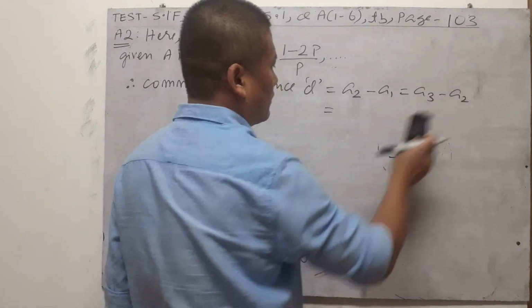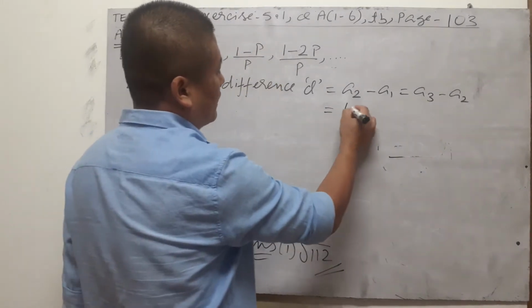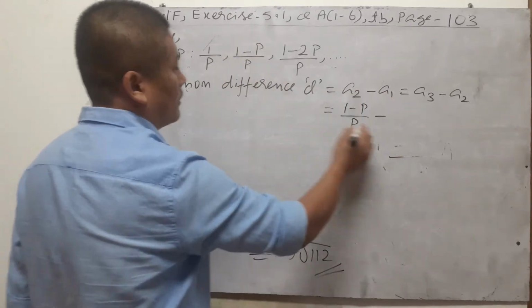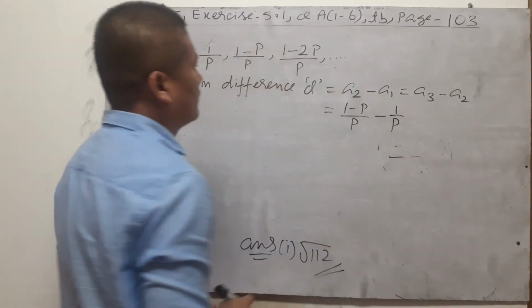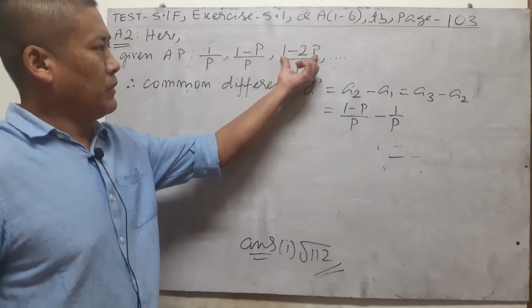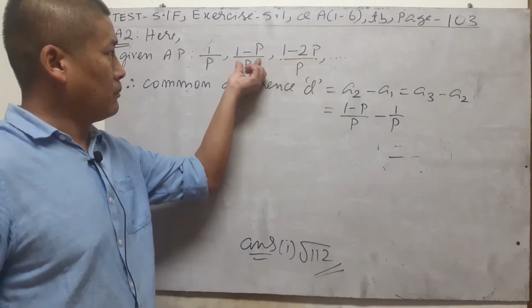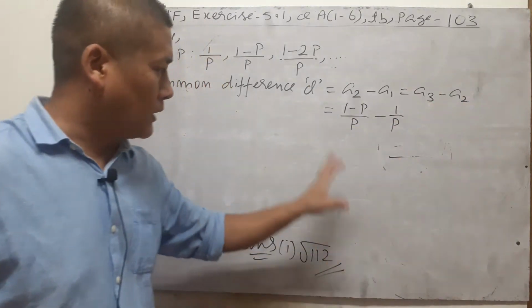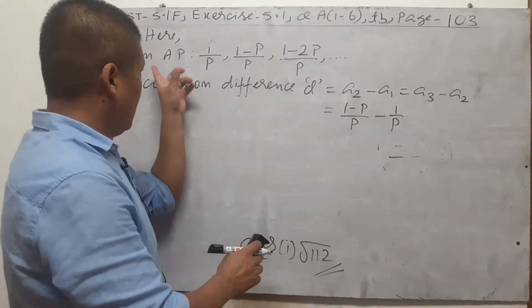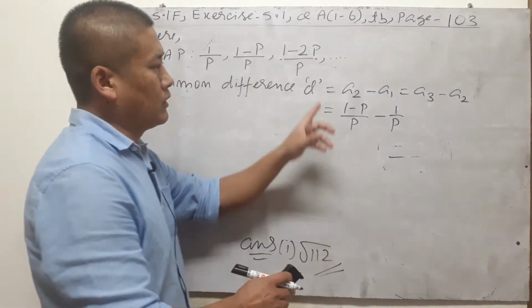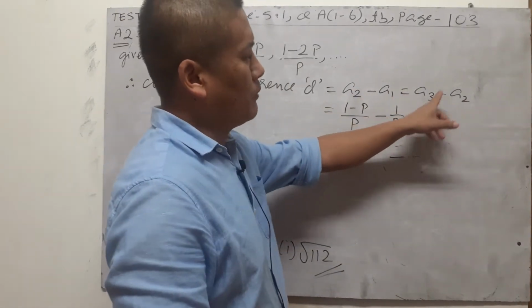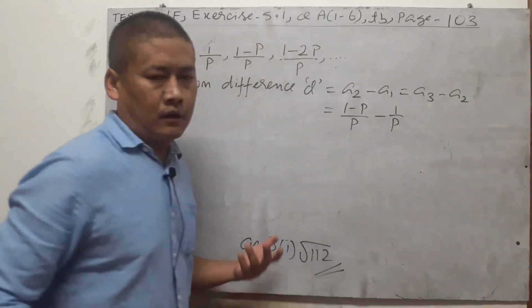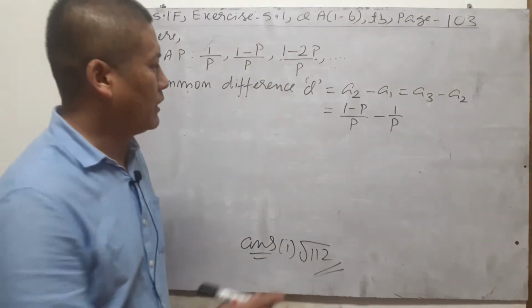A2 is (1 minus P) by P minus A1, which is 1 by P. Or you can take A3 minus A2, which is (1 minus 2P) by P minus (1 minus P) by P. You will get the same answer. If they are already in AP, that's always so. A2 minus A1, A3 minus A2, A4 minus A3, all of them will be equal because common difference means they will be equal.